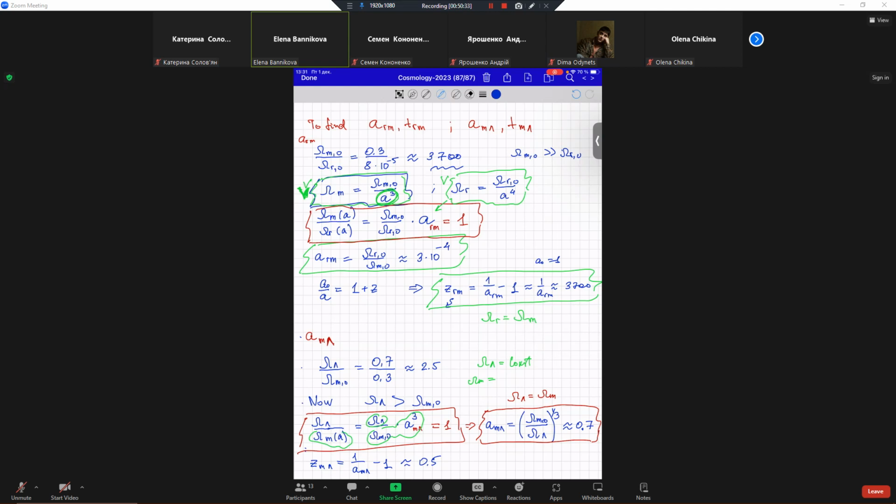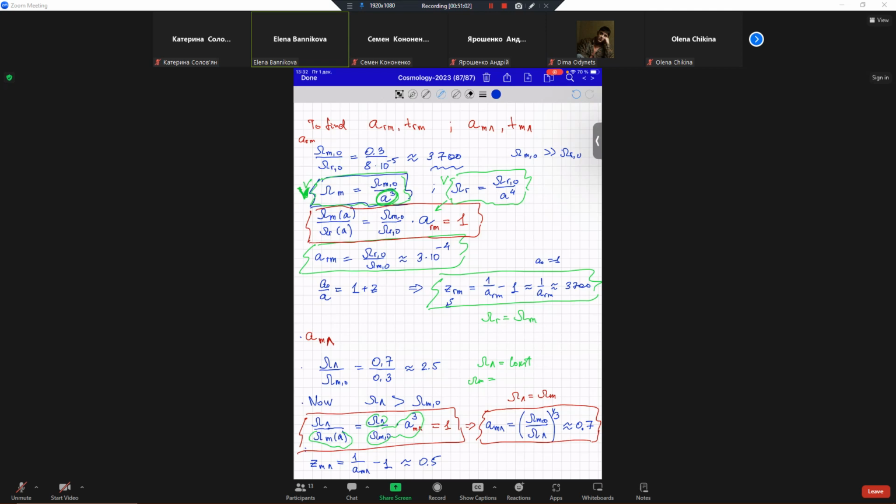For example, if you want to go from scale factor to cosmological time, it's a little bit more complicated, because it's an integral expression. But from here, we can immediately see what is important: if you speak about an object, usually we speak of the redshift as a correspondence to the distance.